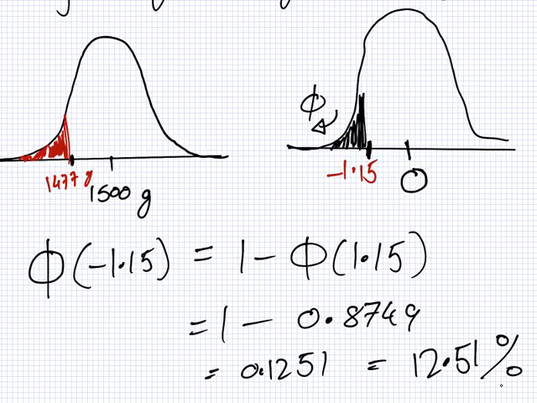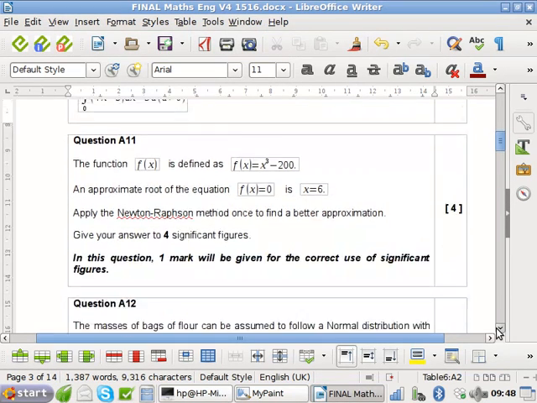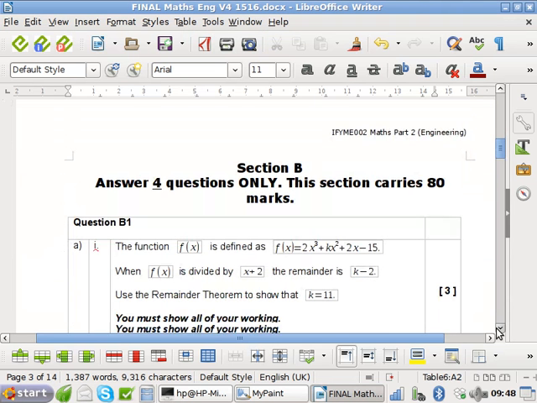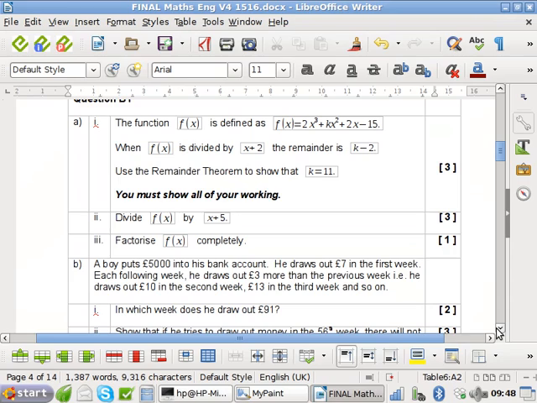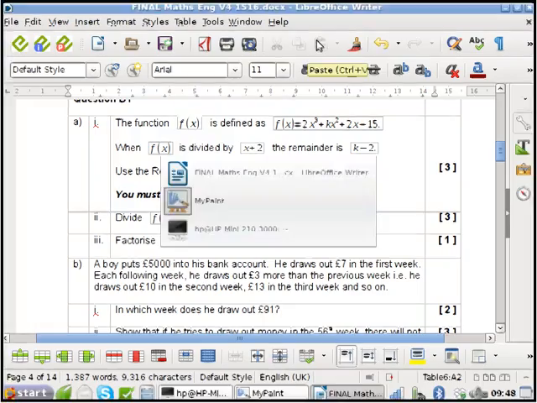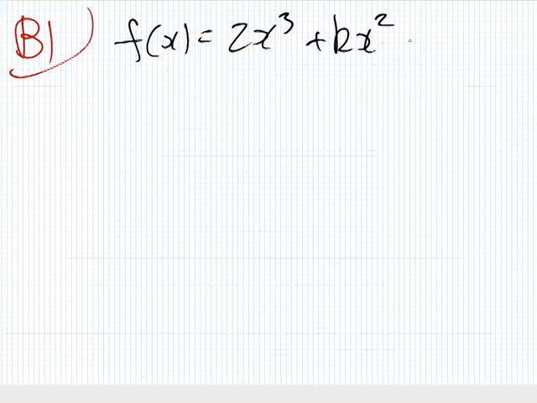Right, now on to section B. B1. f(x) equals 2x cubed plus kx squared plus 2x minus 15.